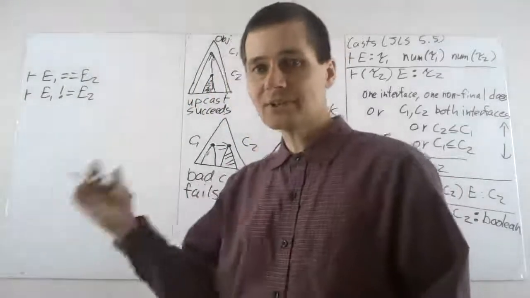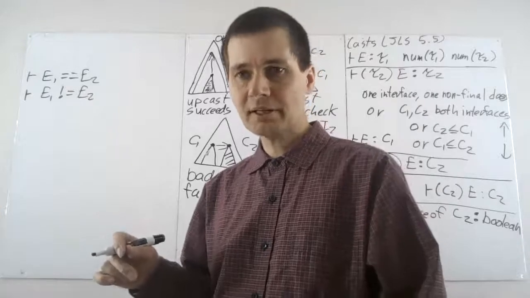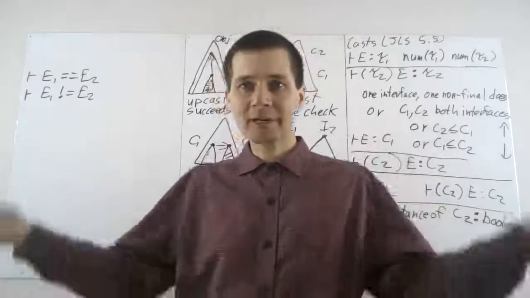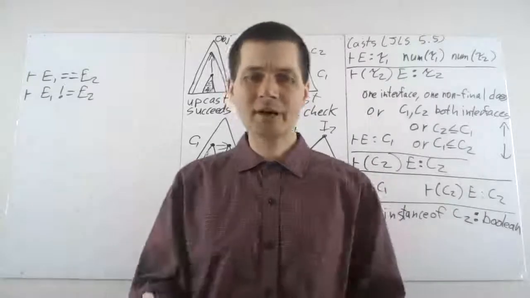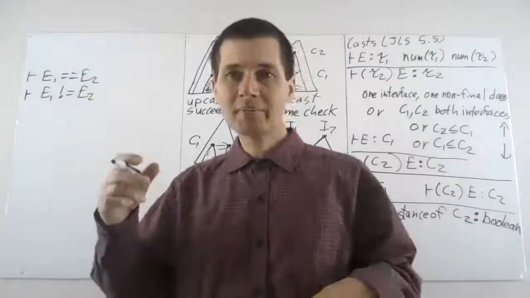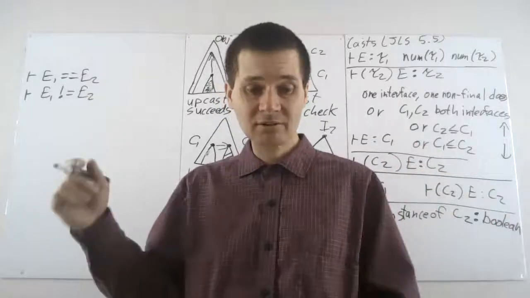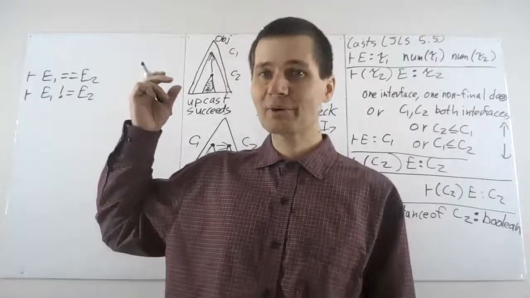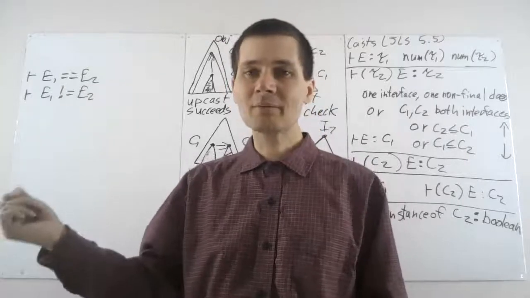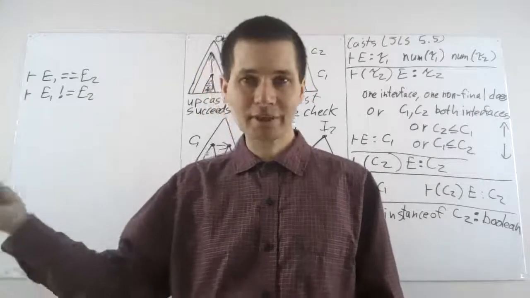The question is, when am I allowed to compare two things for equality? Again, you might think, well, always, either they're equal or they're not. But again, Java tries to help you or protect you from bugs by saying, okay, we're only going to let you compare them if it's possible that they could be equal, right?